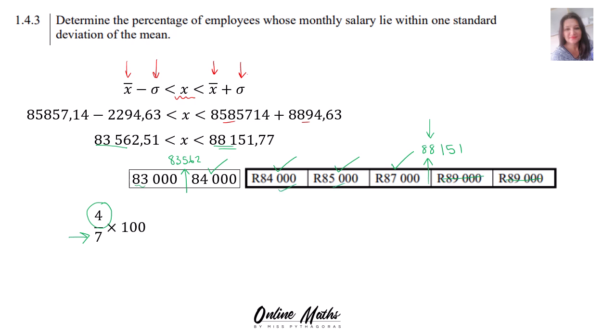It's 1, 2, 3, 4, 5, and the other 2 that were promoted is 7, and we times it by 100 so that it becomes a percentage. So your answer is 57.14%. Now the next little snippet of this video is how to work out the standard deviation. It wasn't part of this sum, it's another sum, but just to explain, and then it's the end of the video.